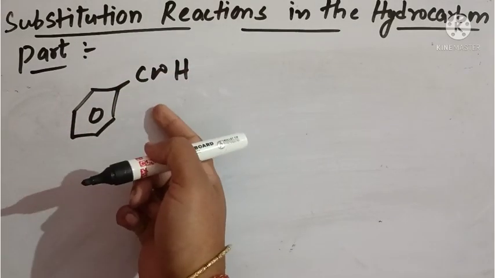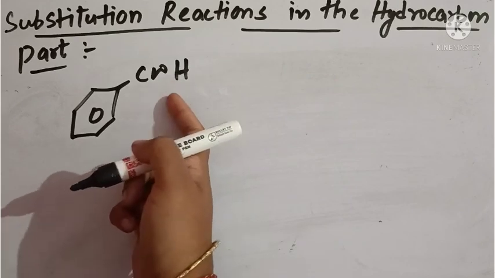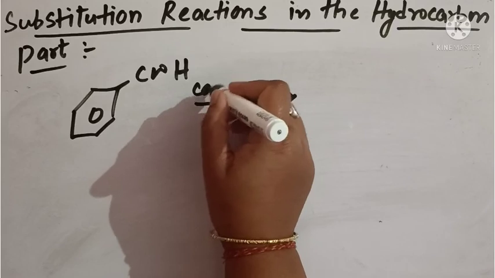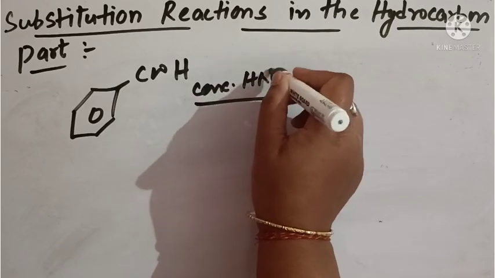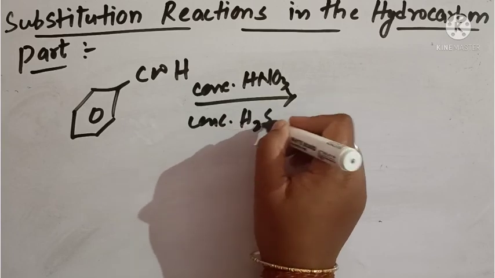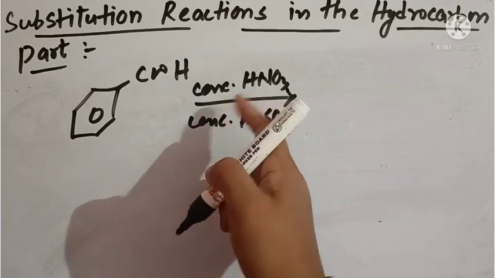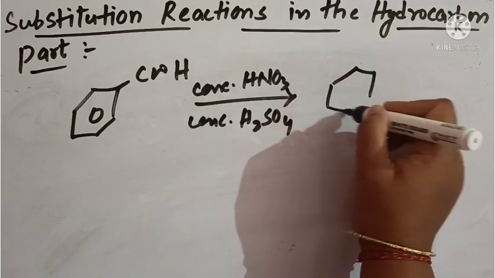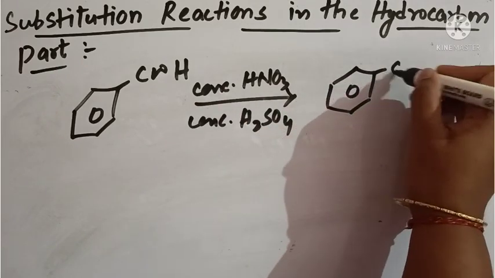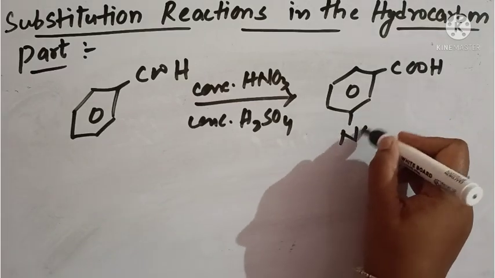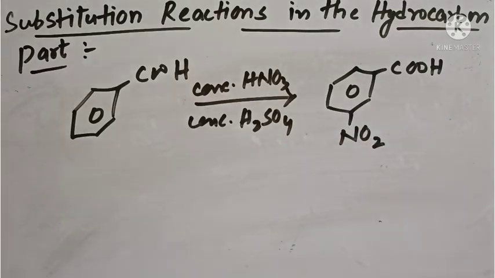As it is ring deactivating and meta directing, on nitration with concentrated HNO3 in the presence of concentrated H2SO4, the nitronium ion will get attached at the meta position with respect to the carboxyl group. So you will get meta nitrobenzoic acid as the product.